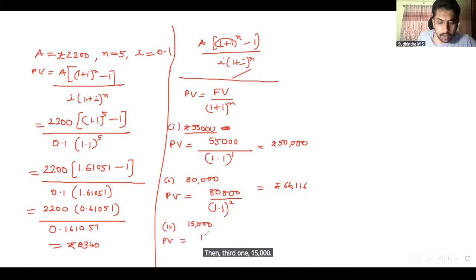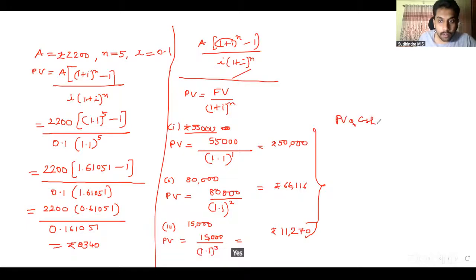Present value will be 15,000 divided by 1.1 to the power 3, which is 11,270.